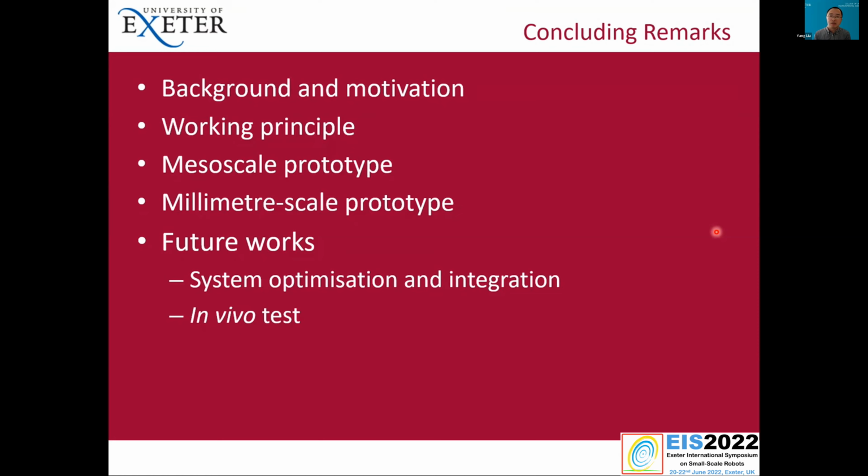Then, using the experience from this mesoscale prototype, we further developed this standard-sized prototype, which is 26 millimeters in length and 11 millimeters in diameter. Our future work will focus on system optimization and integration, and we are aiming for in vivo tests using animals.